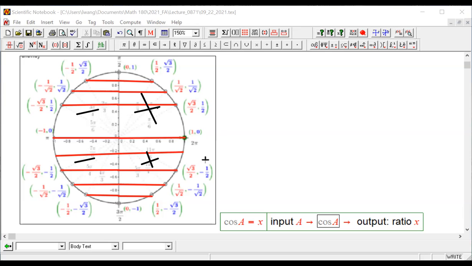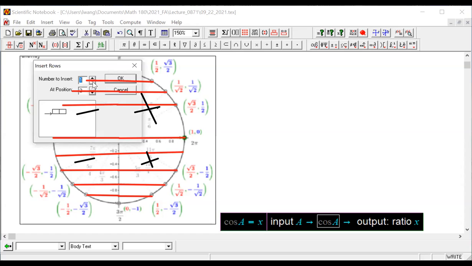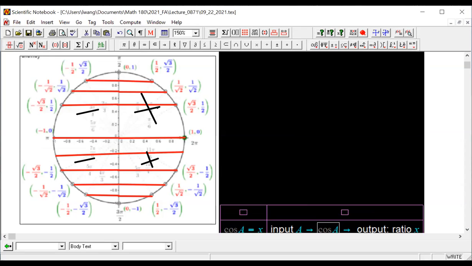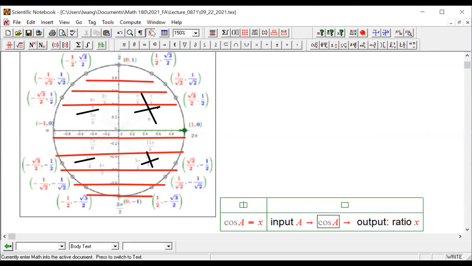So what is the range for cosine? The range is about the biggest value cosine output can be, the smallest value cosine can be, and everything in between. What is that numerical expression? -1 is less than or equal to cosine A, which is less than or equal to 1. Same, right?